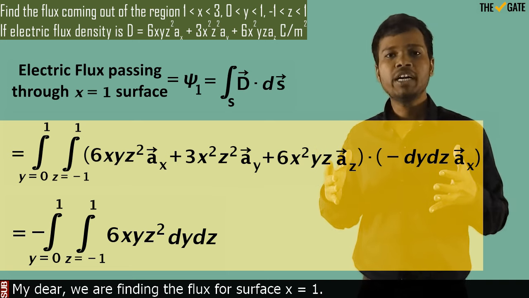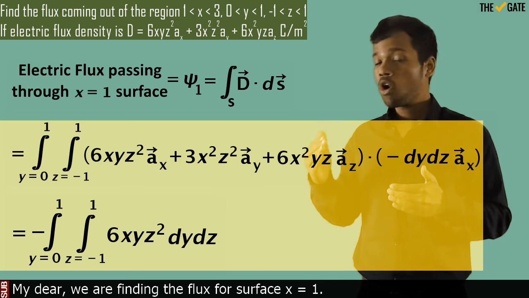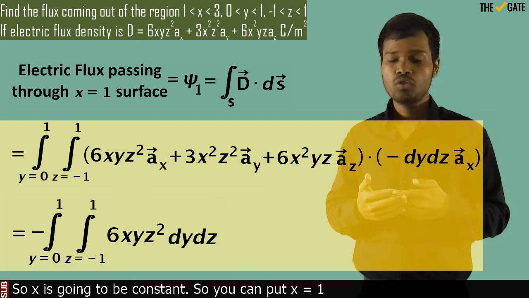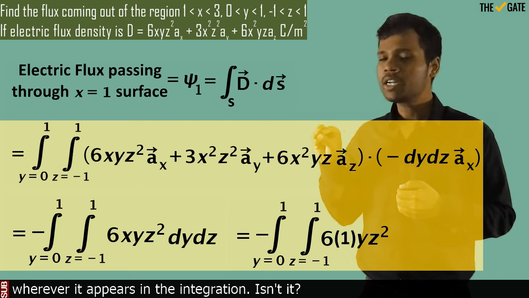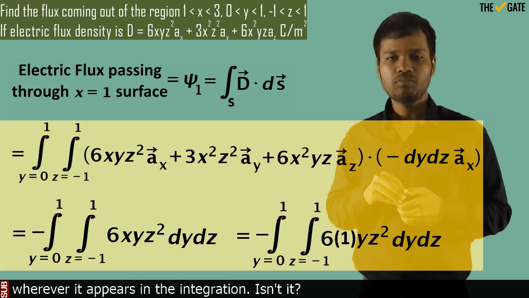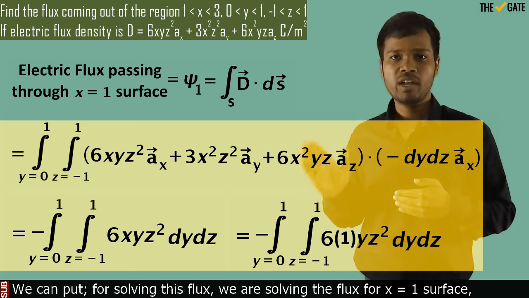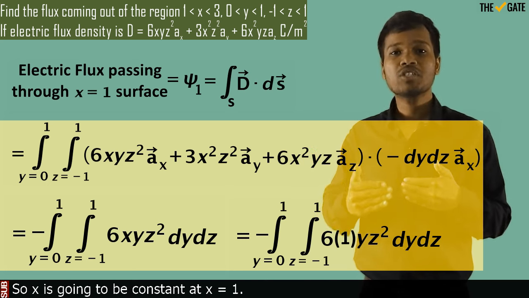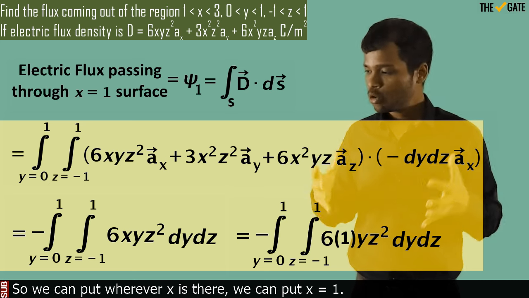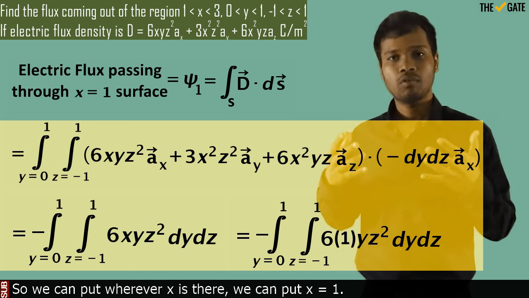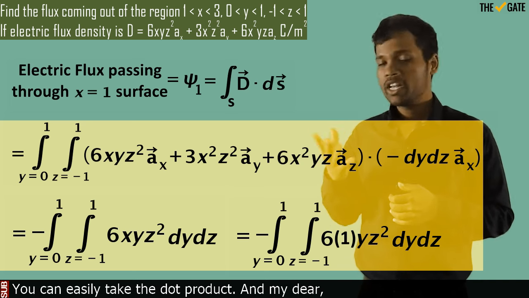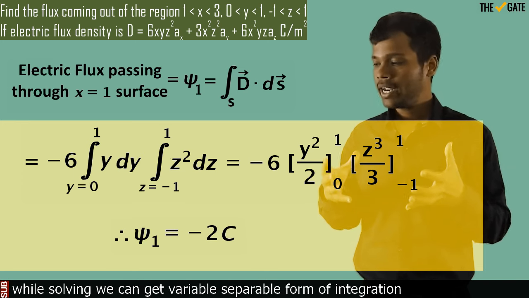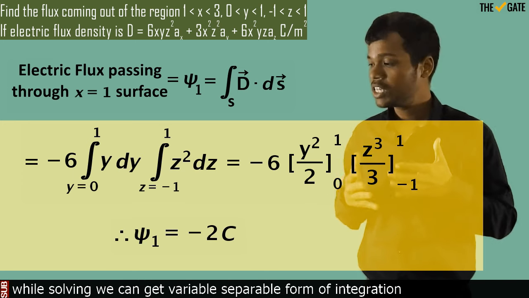We are finding the flux for surface x equal to 1, so x is going to be constant. You can put x equal to 1 wherever it appears in the integration. You can easily take the dot product, and while solving we get a variable separable form of this integration, which is very simple.